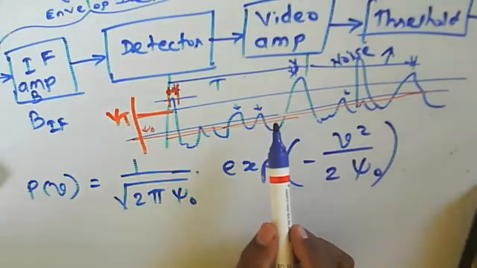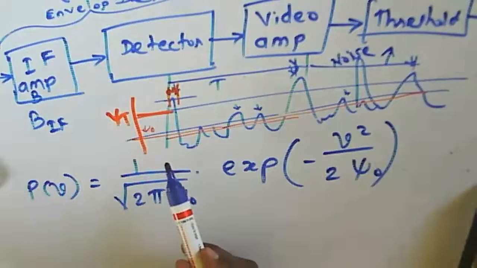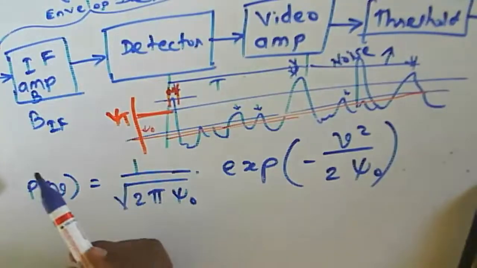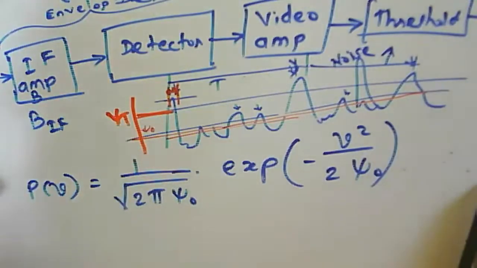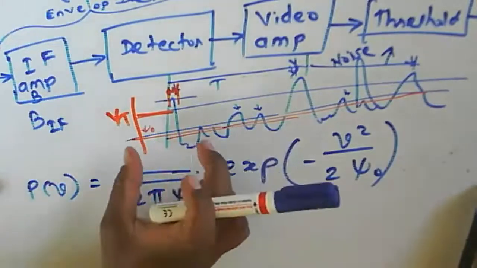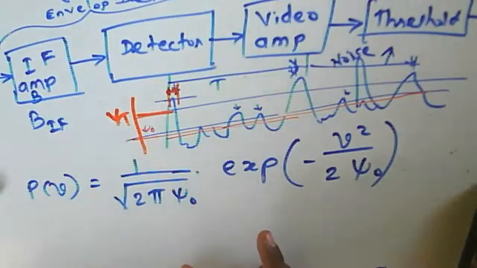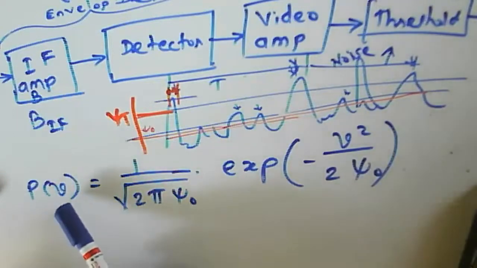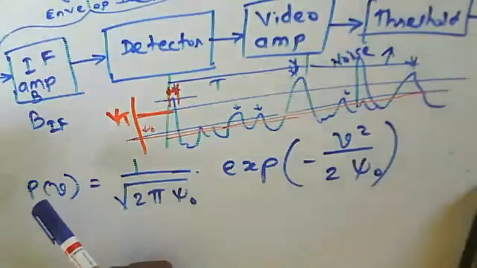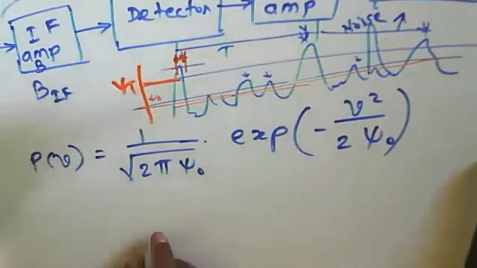That is identified based on the probability density function of the envelope. So what is the envelope here? If one particular frame of a signal is to be received by the receiver, we can write in terms of that envelope value instead of a voltage here.